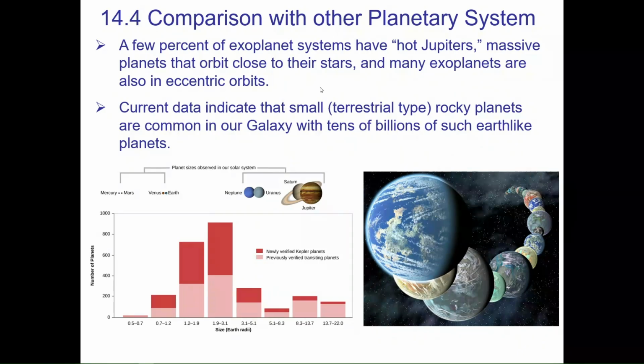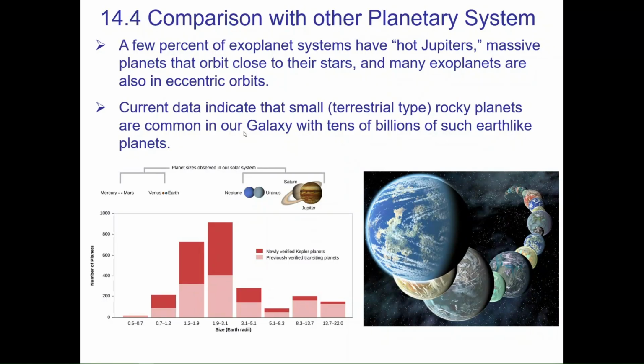And we also talked about how, with the advance of technology, we are able to detect smaller and smaller planets, such as terrestrial, rocky planets. Because they are small, they are harder to detect even with indirect technology. And we believe that in our own Milky Way galaxy, we have tens of billions of such Earth-like planets.